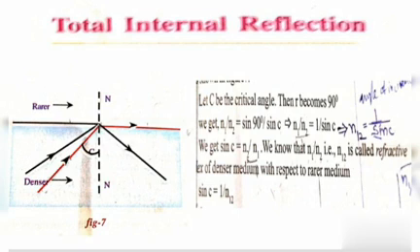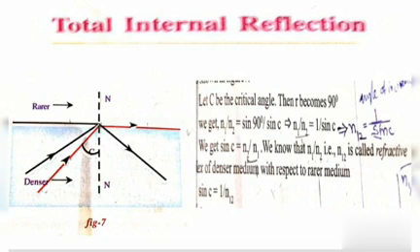Now if the angle of incidence is greater than the critical angle, then the light ray gets reflected back into the denser medium at the interface. The light never enters the rarer medium. This phenomenon is called total internal reflection.